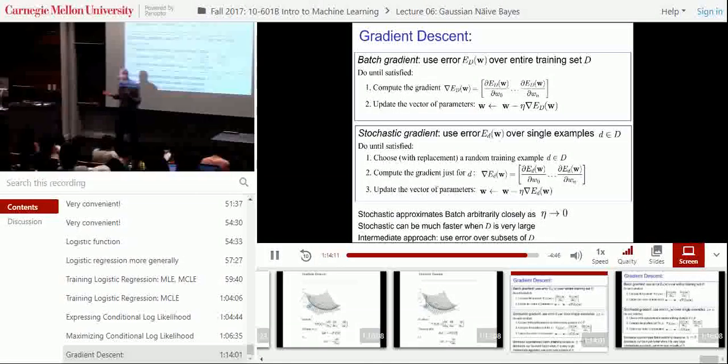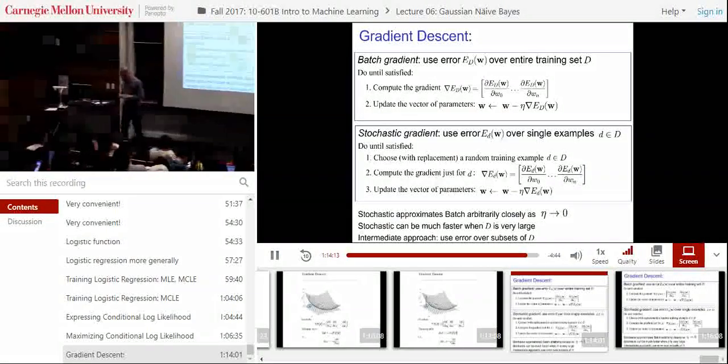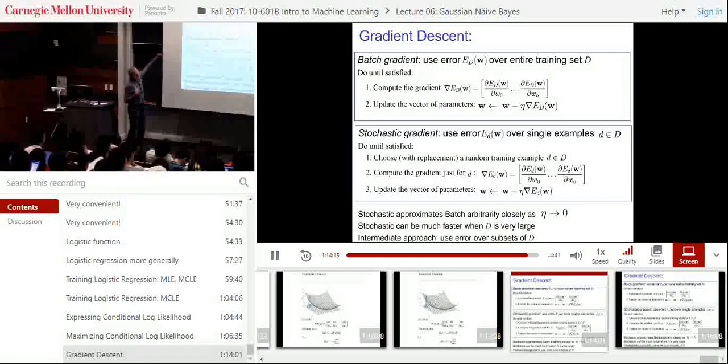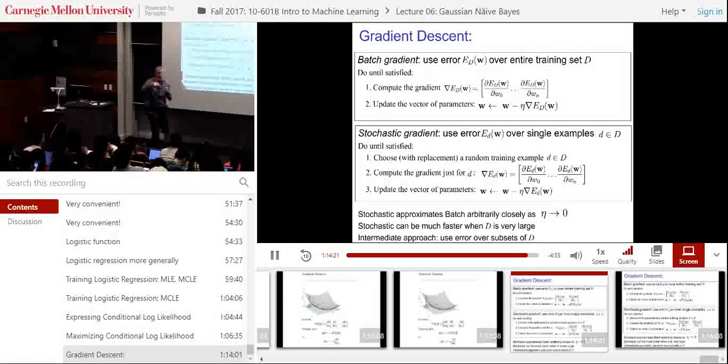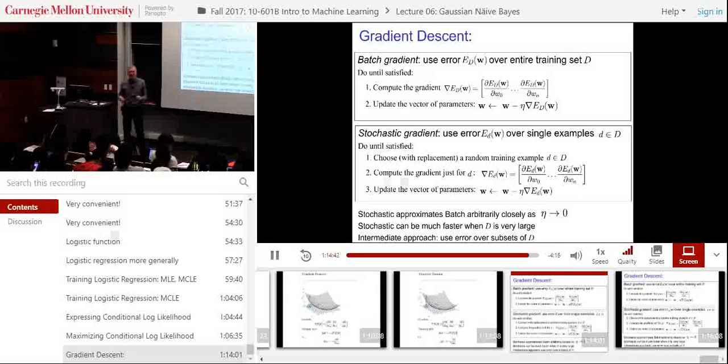There are two dominant ways of doing this. One is what I told you, and that's sometimes called batch gradient. Why? Because we're summing over all of the training examples when we calculate the conditional likelihood. We calculate that likelihood, we get its gradient, the derivative of that with respect to each weight, and then we take a step.